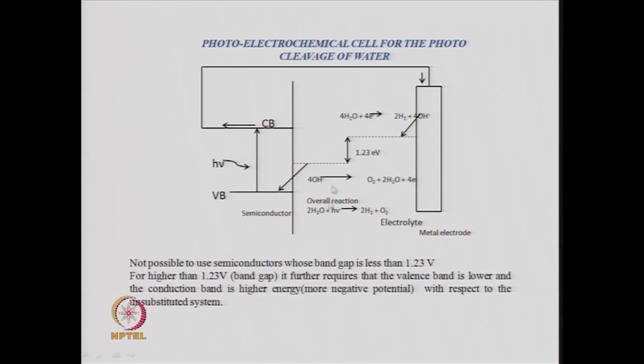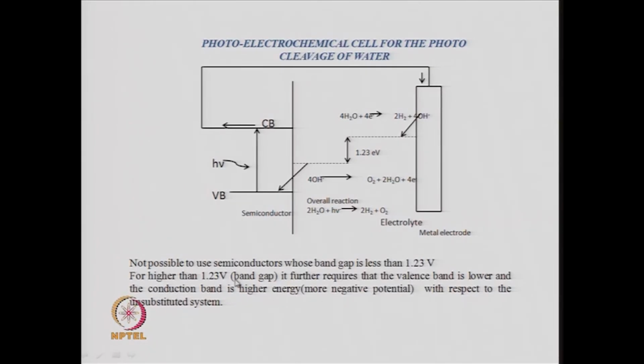And so, the overall reaction written here in aqueous medium is basically 2 water molecules giving you 2 moles of hydrogen and 1 mole of oxygen. So, this is the water splitting reaction in the presence of light, and as we said, it is not possible to use semiconductors whose band gap is less than 1.23 volt.